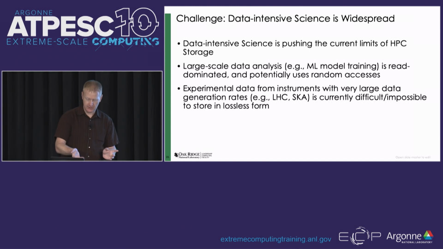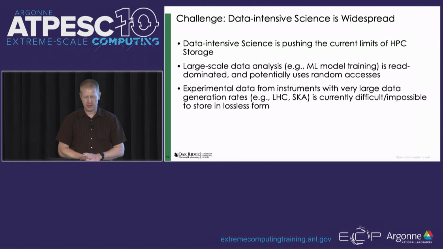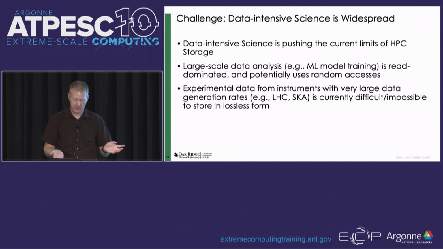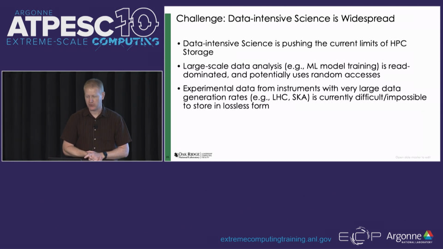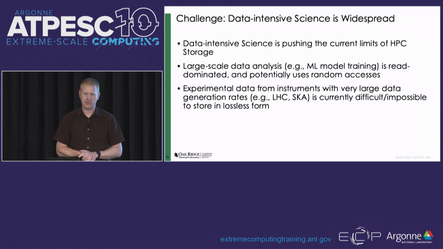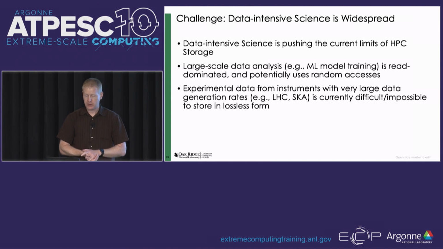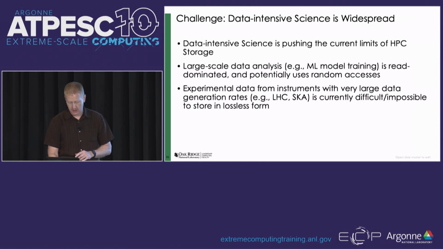Now, these particular sites have actually gone to the step of building data centers right next to the instruments where the data is collected so that they can try to store all this data. But the same analogy of experimental data being collected is widespread across lots of different scientific instruments. So neutron sources often have to do data reduction before any data is ever stored. We need storage systems that can accommodate such use cases.